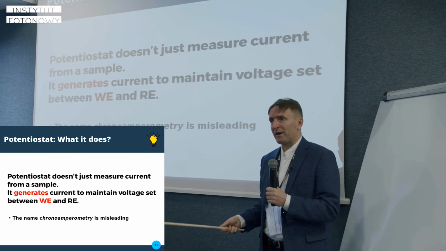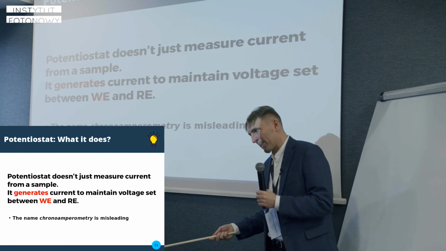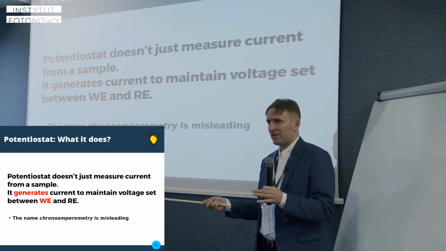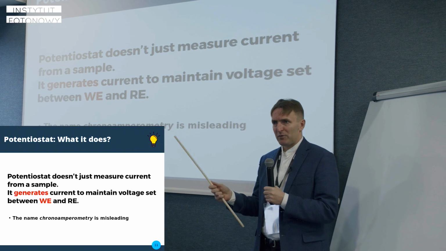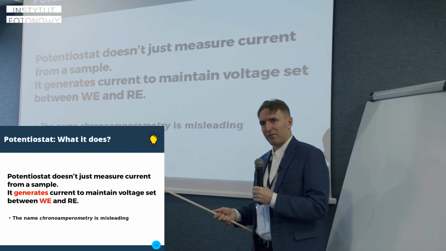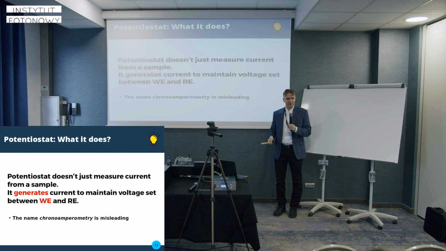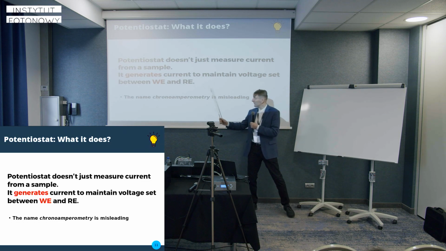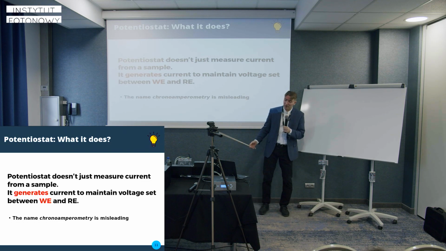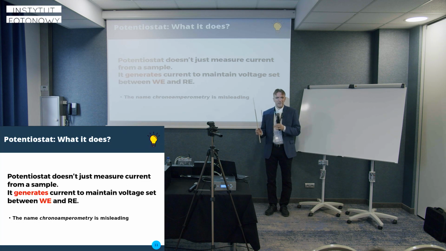Often when we speak with users of our equipment and potentiostats in general, the beginners mix those things. They think that the potentiostat will be measuring for them this potential. No, it is a setting, and it adjusts the current, and it generates its own current to maintain the voltage set in the program.